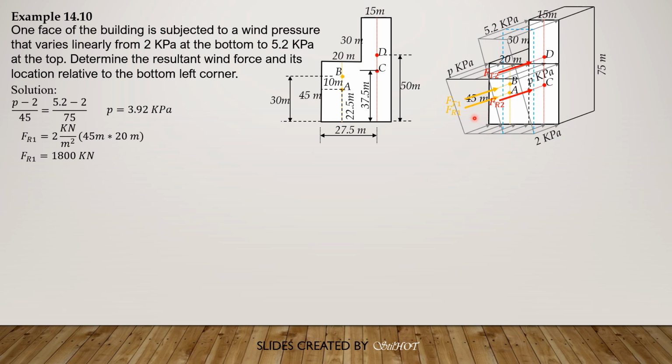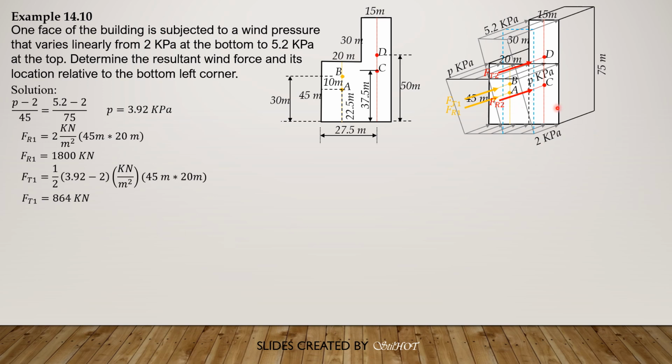F triangle 1 is 1/2 of P minus 2, times the area 45 times 20. So F triangle 1 is 864 kilonewtons.